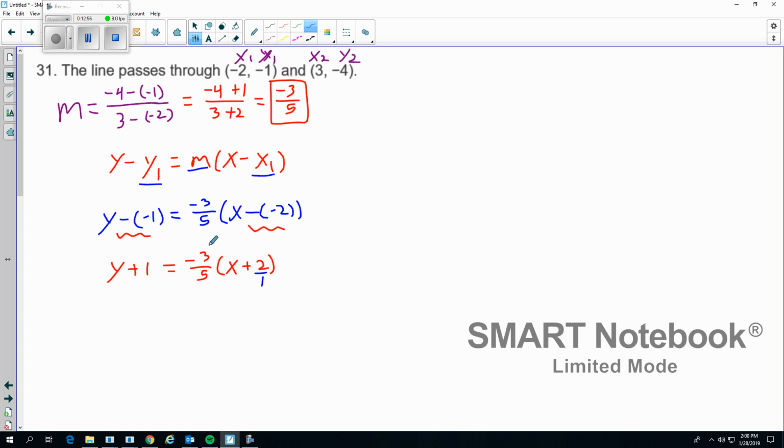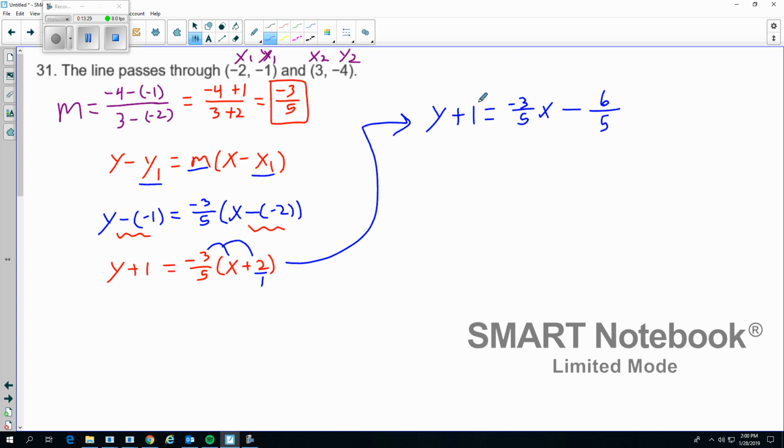And so I am going to go ahead and distribute here and here, and I put that 2/1 just to kind of help with the multiplication process. So let's see, we get y plus 1 equals -3/5 x, and then when I multiply -3 times 2, that's going to turn this to a minus. I'm going to have 6 over, and then 5 times 1 is 5 right there. Okay, so I just multiplied the -3/5 to the x and the plus 2. So it caused both of these to become negative, right?